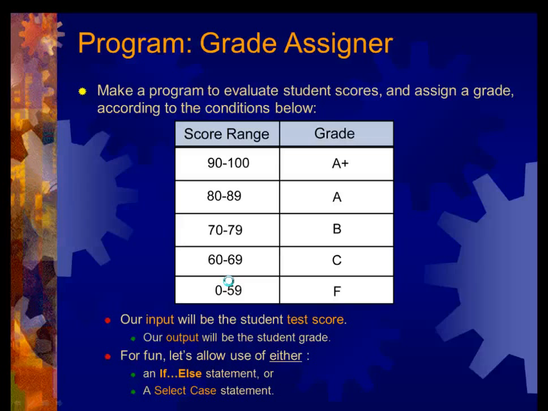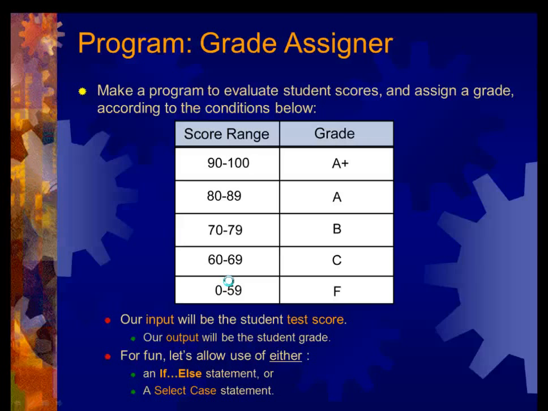If score is between, or how about, yeah. If we did that, how would we implement the first A plus part? How would we implement that? If score what?